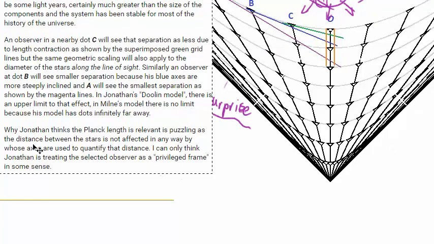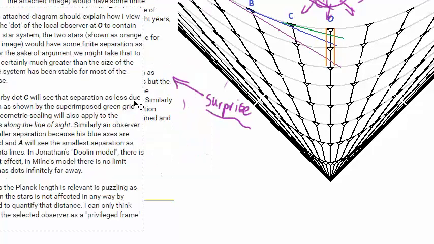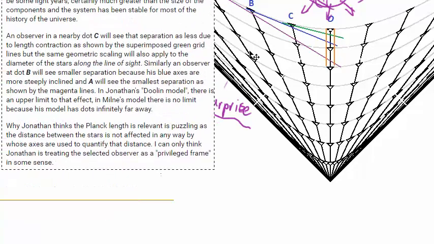Why Jonathan? I don't. Just stop lying is all I have to say. Stop telling people that I'm saying things that I'm not saying. Why Jonathan thinks the Planck length is relevant is puzzling, as the distance between stars is not affected in any way by whose axes are used to quantify that distance.